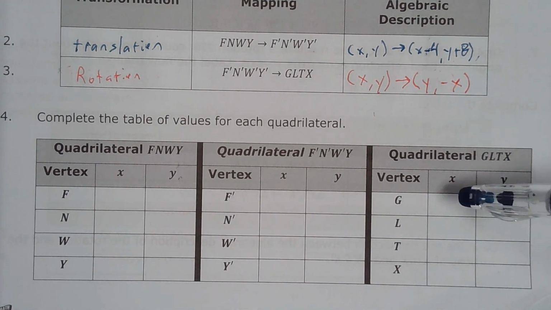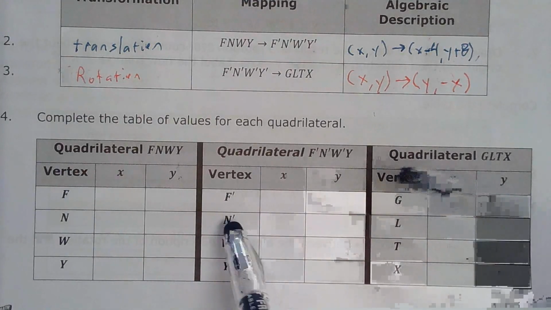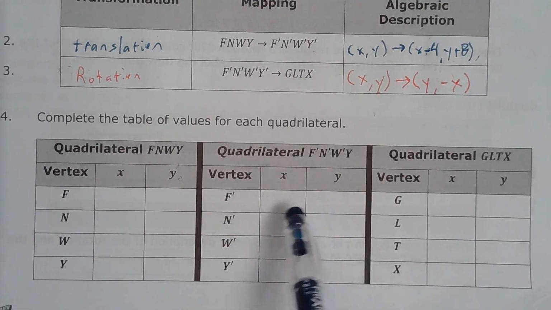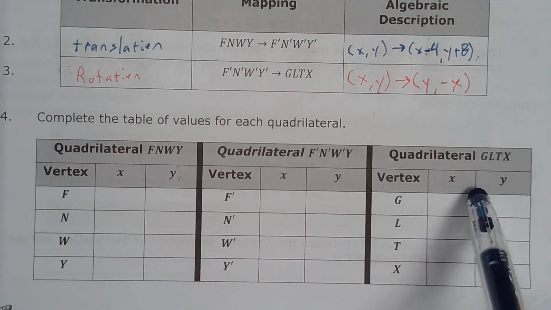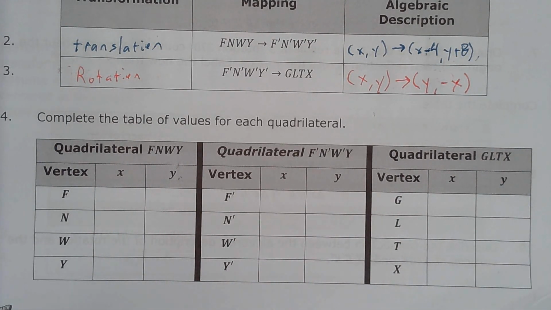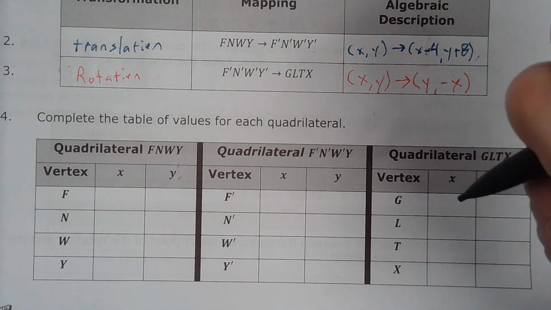And then after we find this, this will be the intermediate image, right? And then this will be the final image, and this is what we're actually going to draw on the coordinate grid.